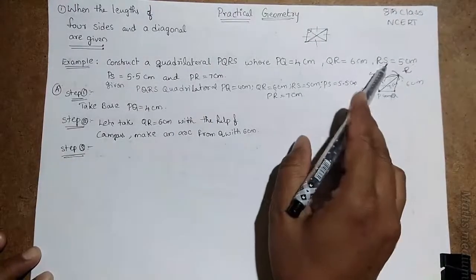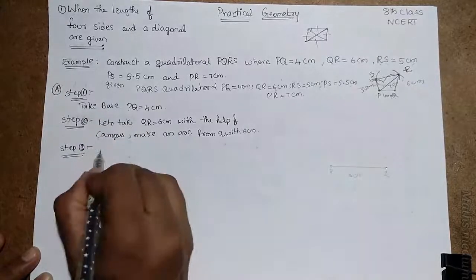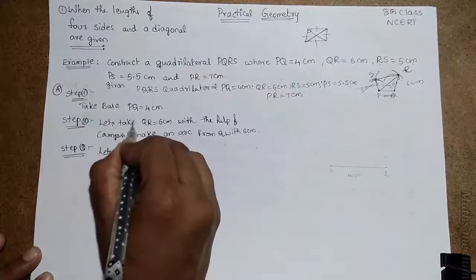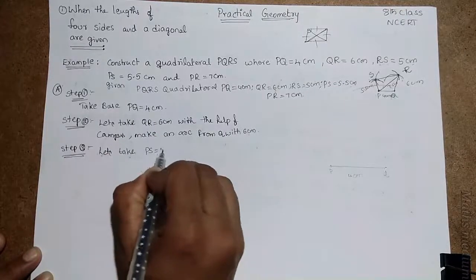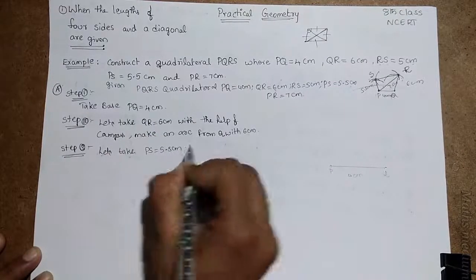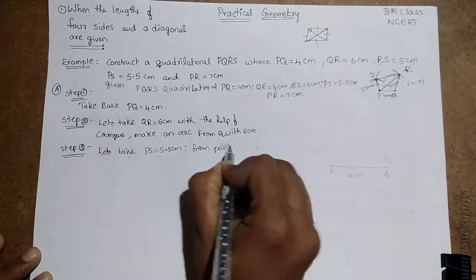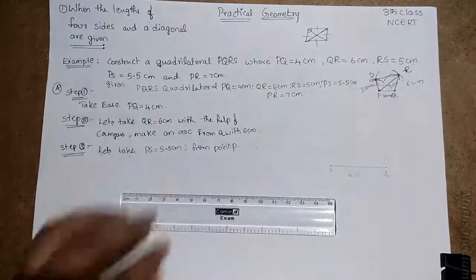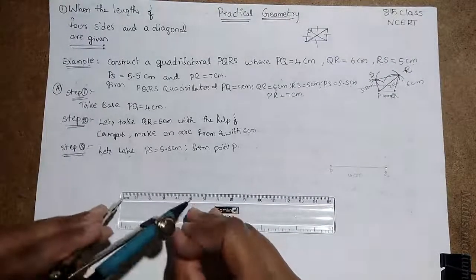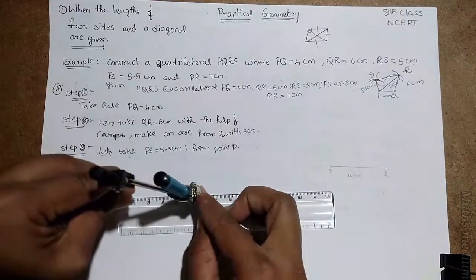Next, moving to step 3. Next, construct RS. We don't have points R and S, so let's construct PS equal to 5.5 centimeters from point P. As usual, take a scale and measure 5.5. Put at 0 and make this 5.5.